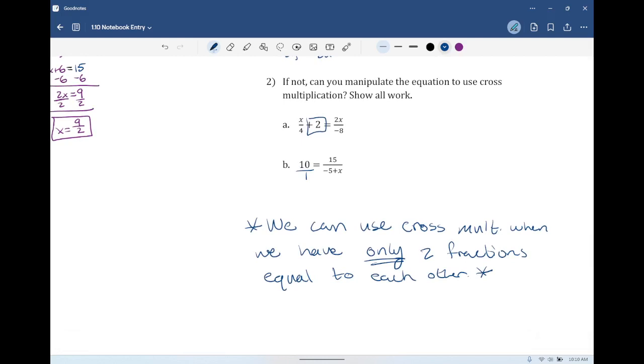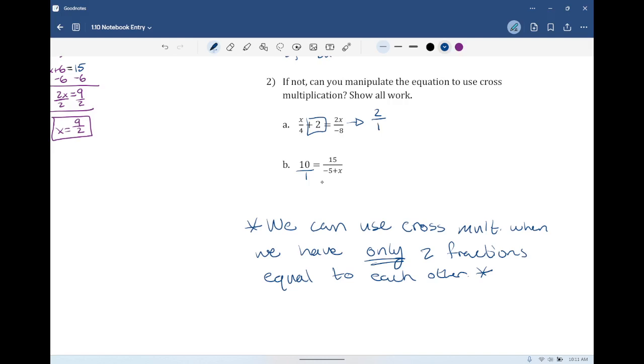Now, I want you to just write with me because I'm going to go over how we would do this, but I'm also going to advocate for the fact that turning this into cross multiplication is more steps than is necessary. If I wanted to change this so that cross multiplication worked, the 2 is the issue. So the 2 over 1 needs to be changed into such a form that we can combine it with the x over 4.